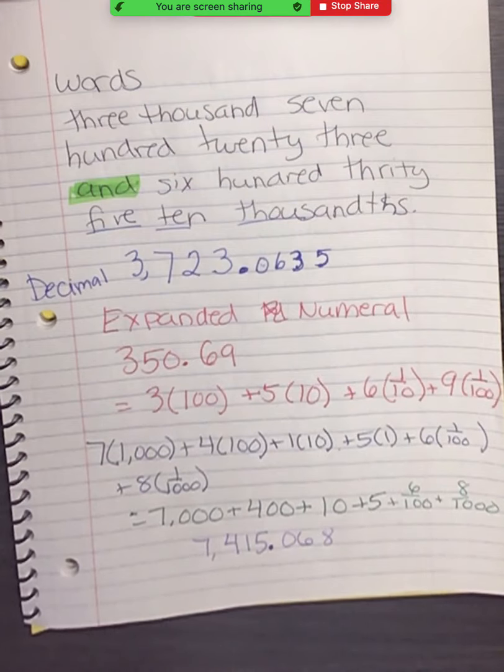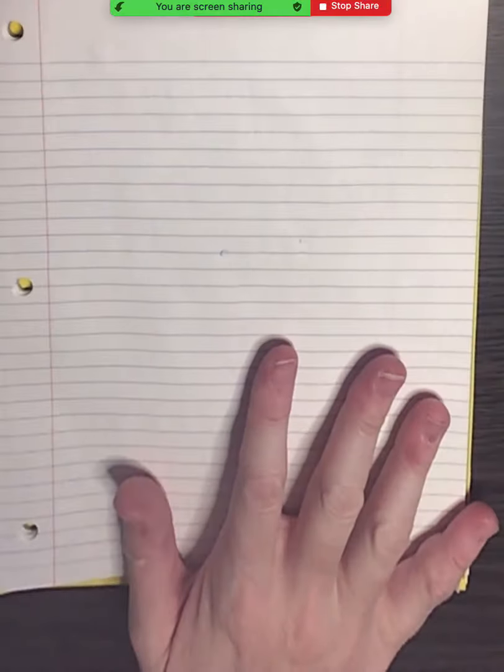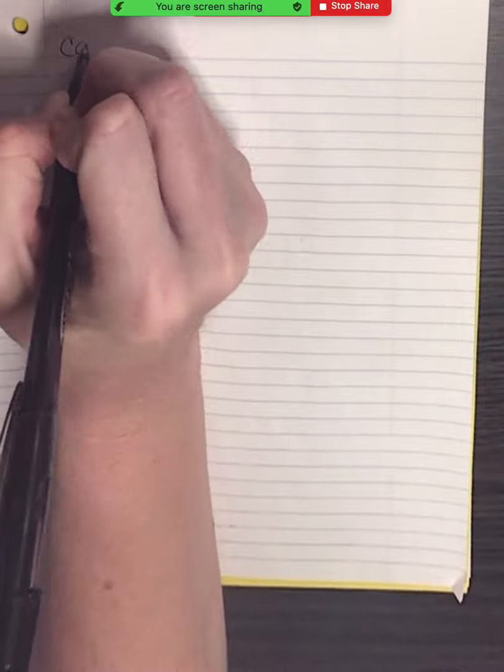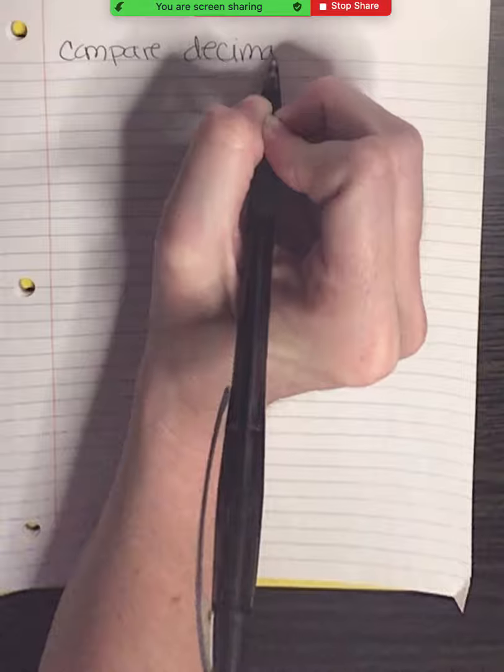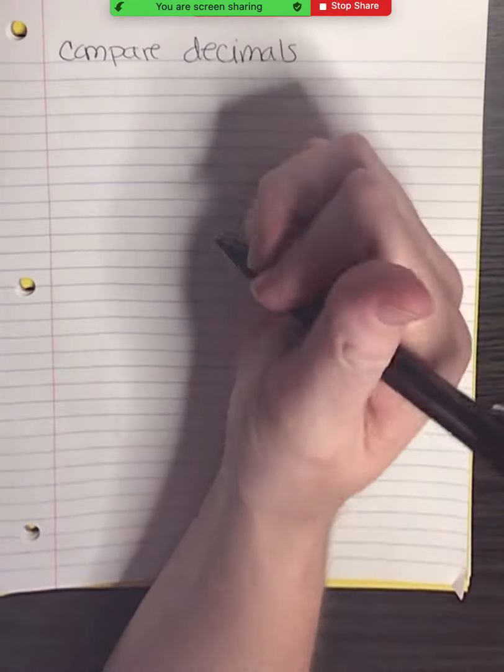All right. You can also compare decimals just like whole numbers. To compare, we use our inequalities. So less than, greater than, less than or equal to, greater than or equal to, and even the equal sign. Okay? So remember, it points to the smaller and it's open to the bigger.